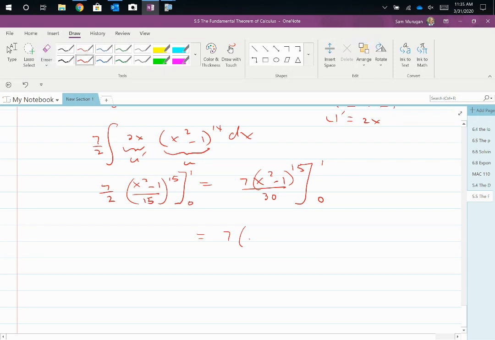So this is 1 minus 1 to the 5th power over 30 minus 7. Anything to the 0 power is equal to 1.